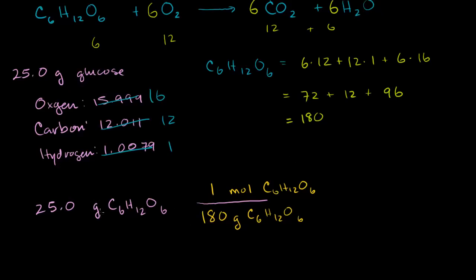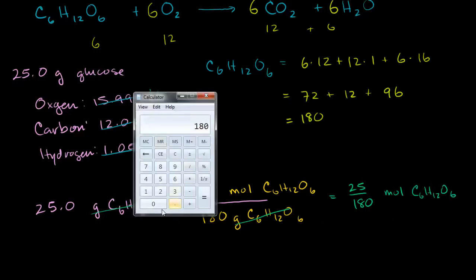These units cancel out, and we just take 25 times 1 divided by 180. So this is equal to 25 over 180, and all we're left with in units is moles of C6H12O6, or glucose.